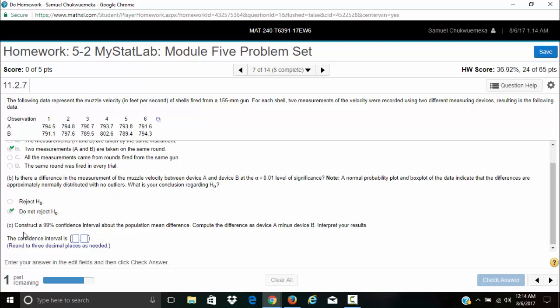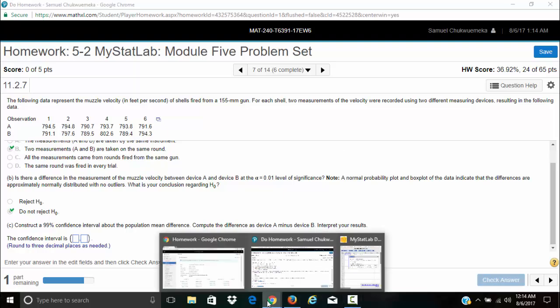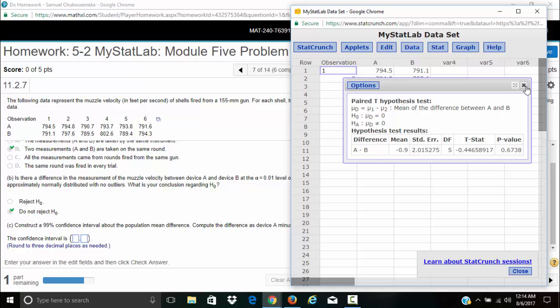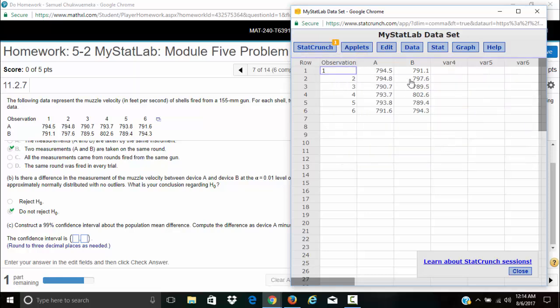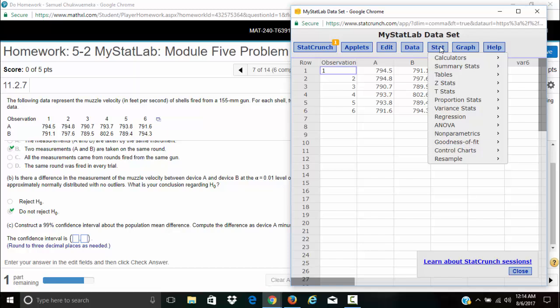Then the next one, they said construct a 99% confidence interval about the population mean difference. So we get back to our StatCrunch. I'm going to close this result. You go to Stat again, go to T-Stats, go to Paired.